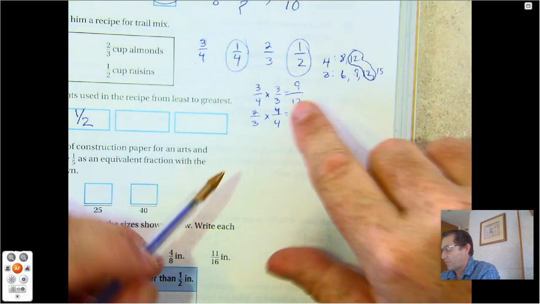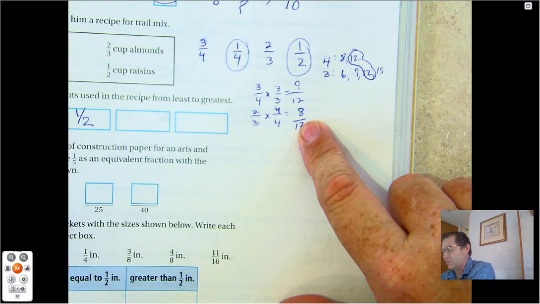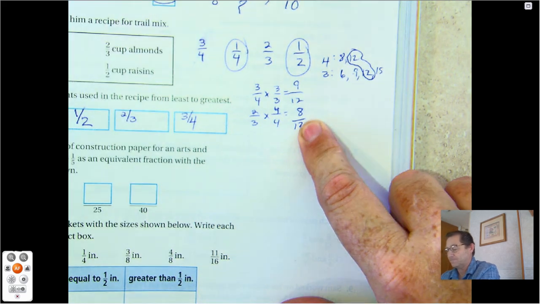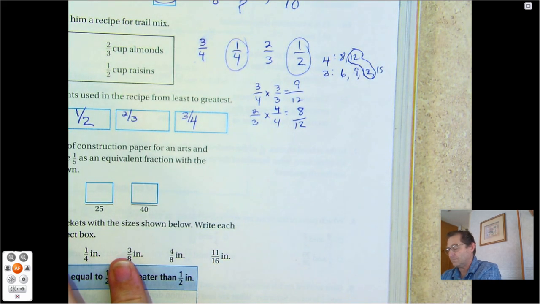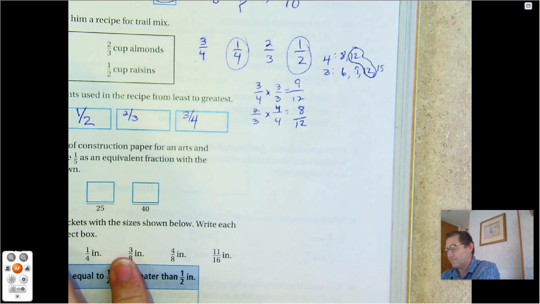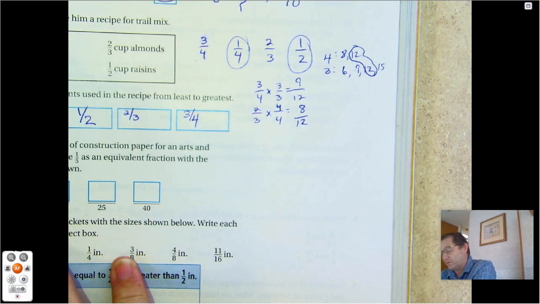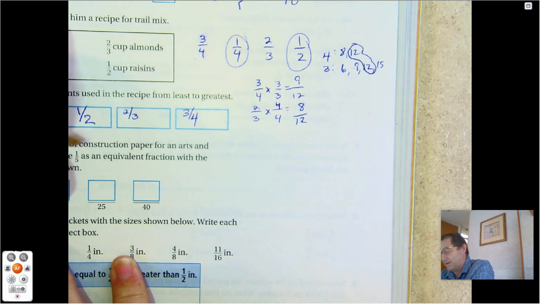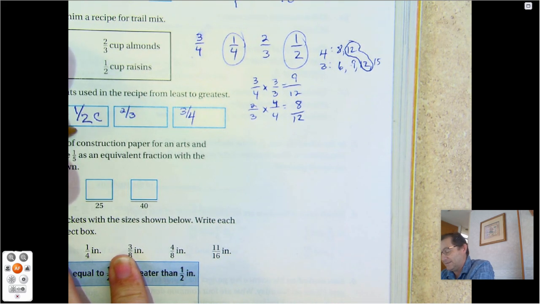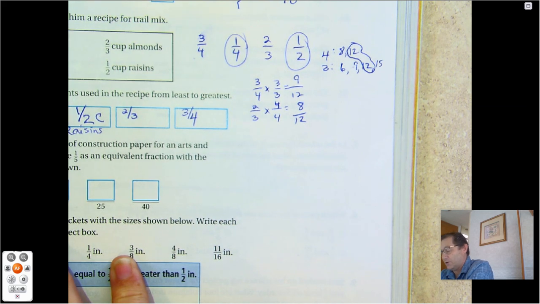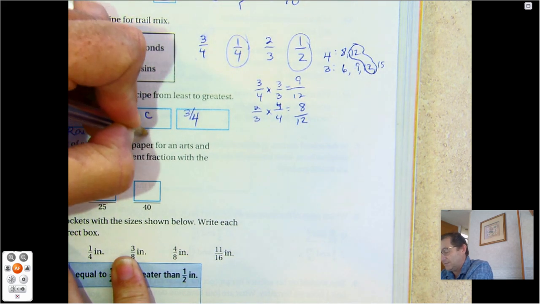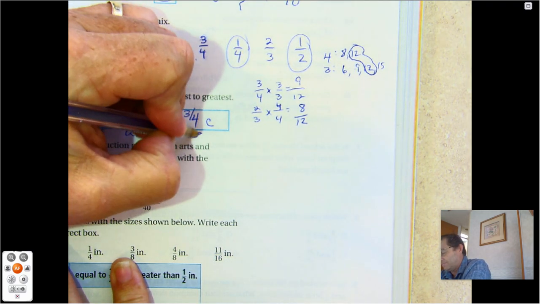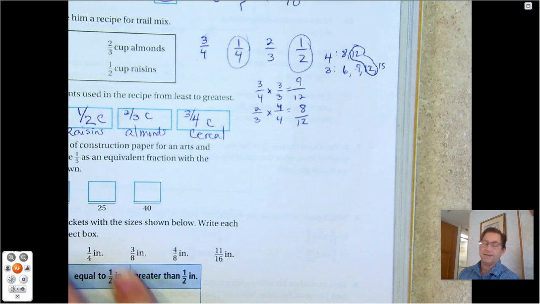So 3/4 is slightly bigger than 2/3. Order the ingredients. 1/4 cup peanuts, half cup raisins, 2/3 cup almonds, and 3/4 cup cereal. All right.